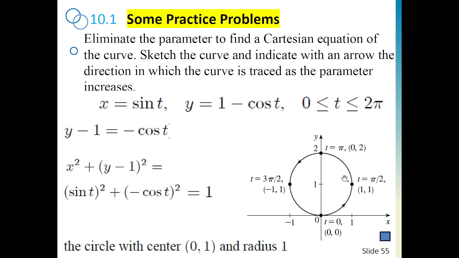So we are at the point 1, 1. Okay, at t pi over 2 we are here at 1, 1. So we started at 0, 0 and we went up to 1, 1. So this gives us direction in which the particle is running. So it's running counterclockwise. And it's running only once because we see that the frequency is 1.